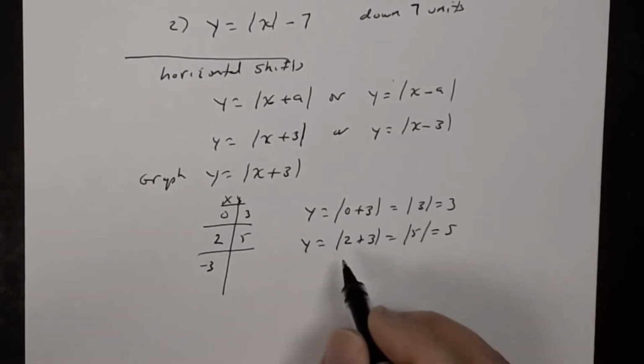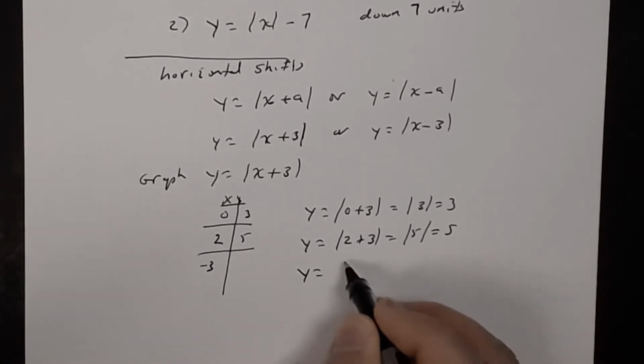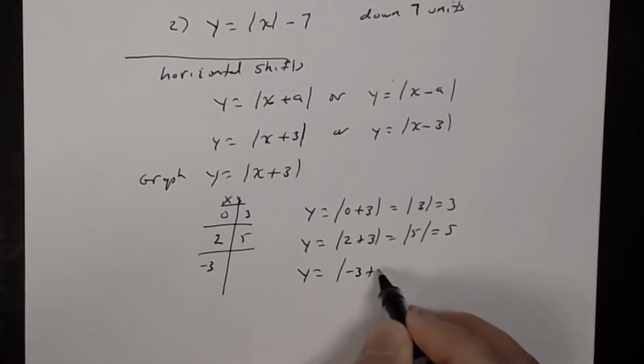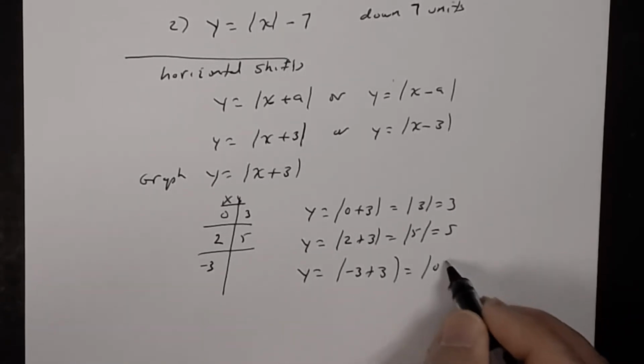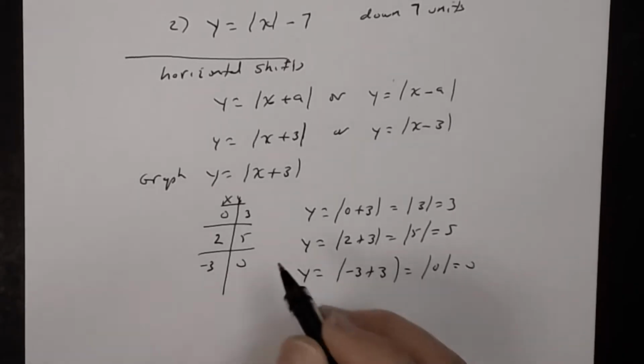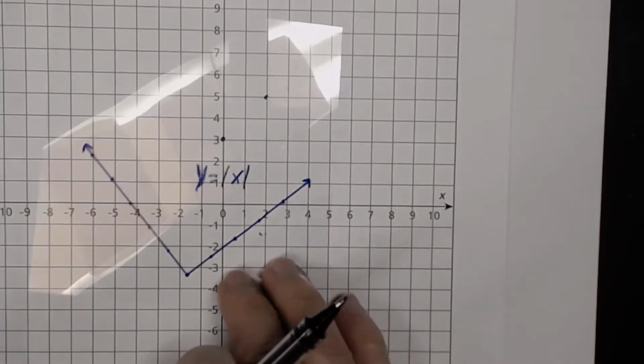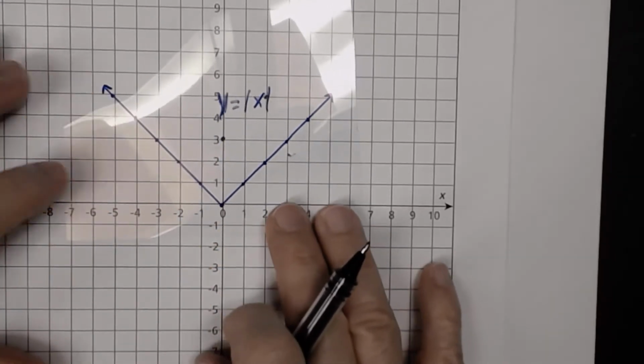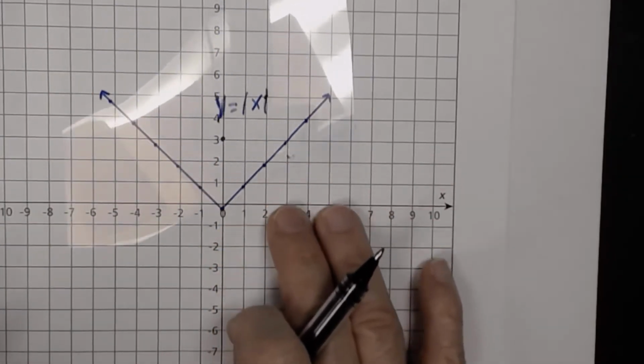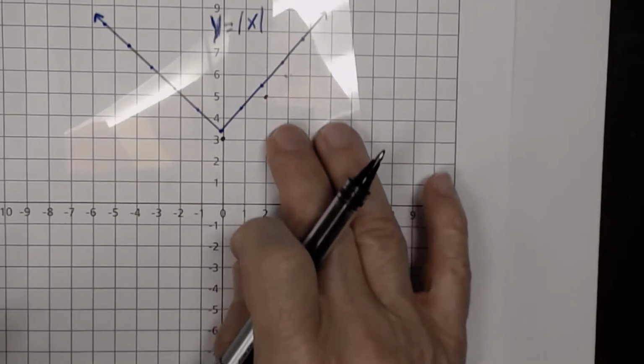So let's see what happens with negative 3 now. Okay? So if x is negative 3, I get y equals the absolute value of negative 3 plus 3. Negative 3 plus 3 is 0. The absolute value of 0 is 0. So when we had the discussion about vertical shift, we said that the vertex was going to lie on the y-axis, right?